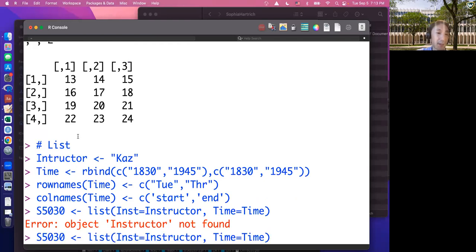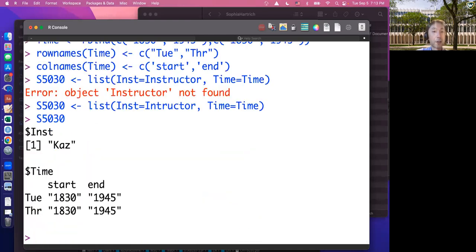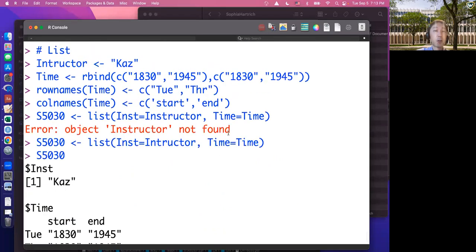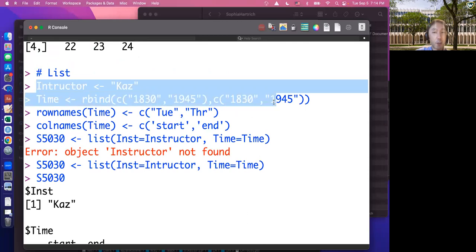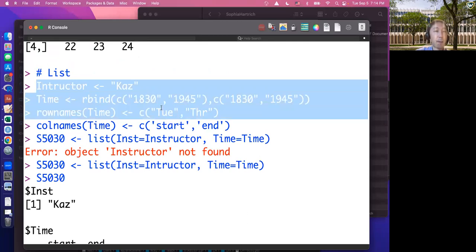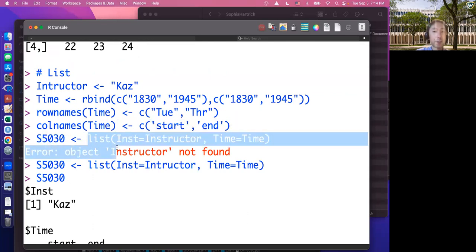Yes, I missed S, so maybe just this. Okay, and S5030, then it returns this. So to make a list, one way is to generate the multiple objects. Then we use this list function to declare a new list.